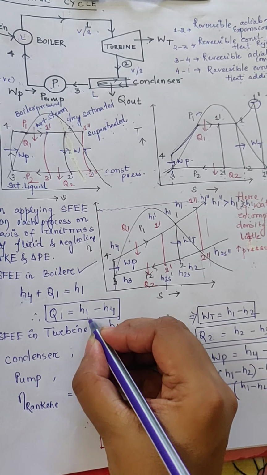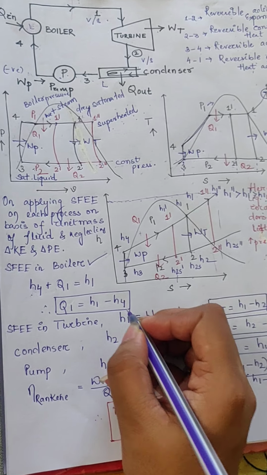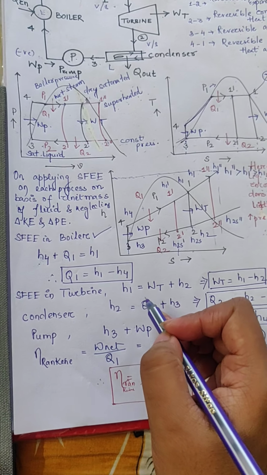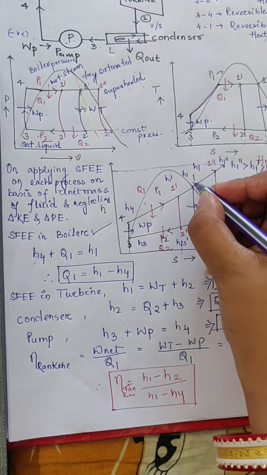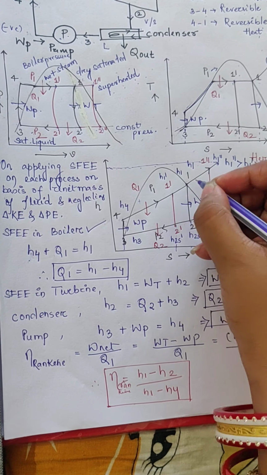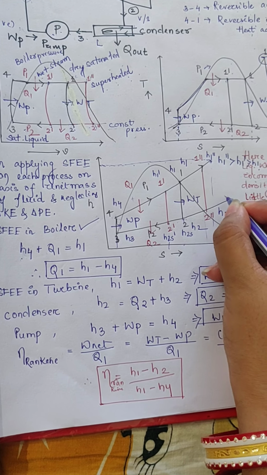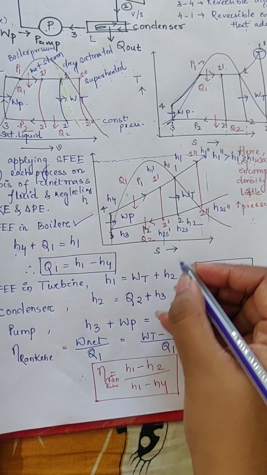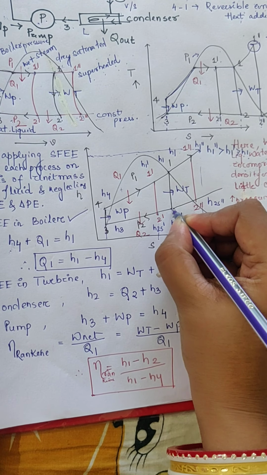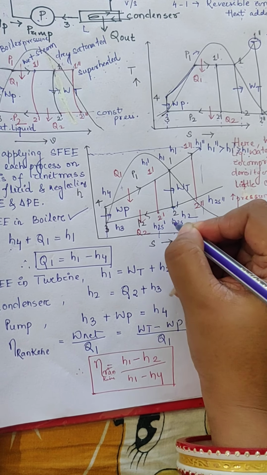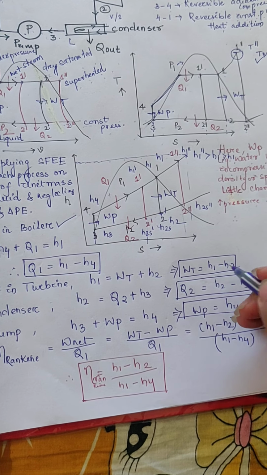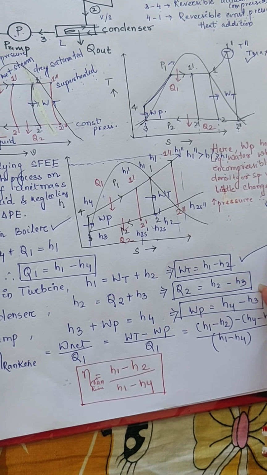So Q1 is equal to H1 minus H4. Similarly in the turbine, H1, the work is done by the system, which is equal to WT plus H2. Here the enthalpy is H2, therefore WT is equal to H1 minus H2.